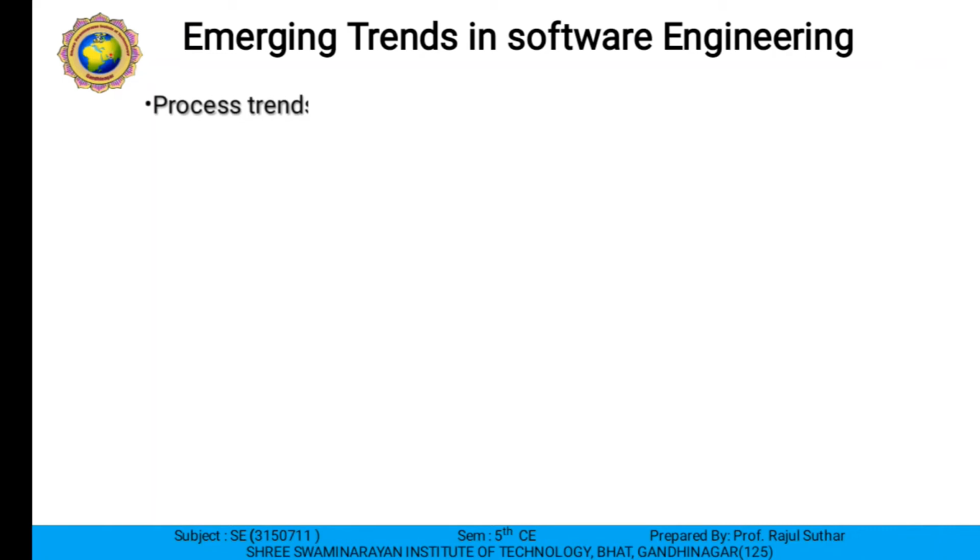So first, that is called the process trends. Process trend means the fundamental unit for the business organization and cultural trend in the process. Some of the suggested processes, like rapid software development, focus on short-term goals and product innovation.